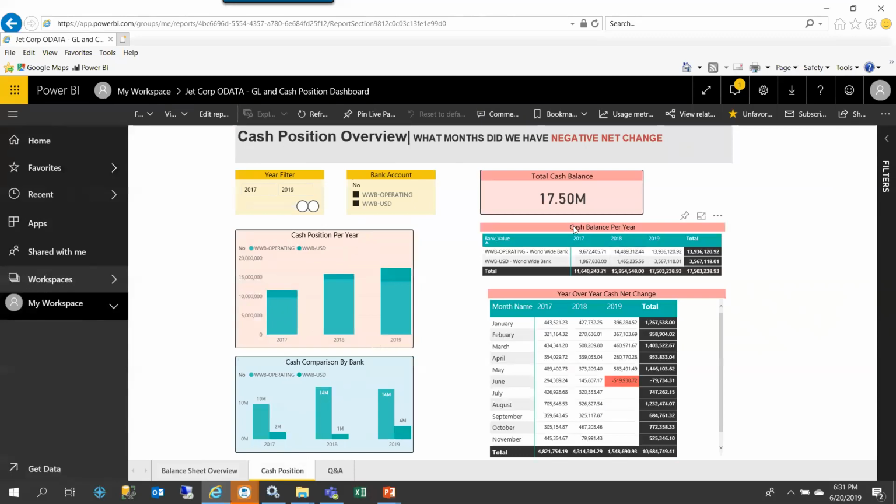In the balance per year visual, we're looking at the actual balances per year in the accounts, 2017, 2018, 2019. And then I have year-over-year change with monthly buckets to see if we can spot negative cash flow changes in banks.